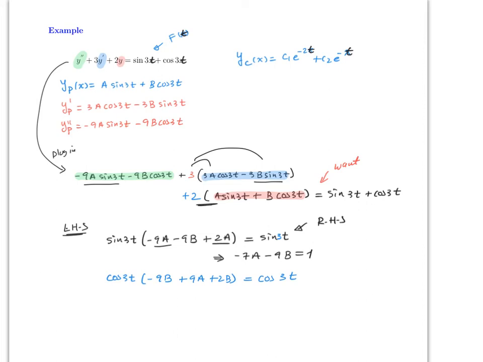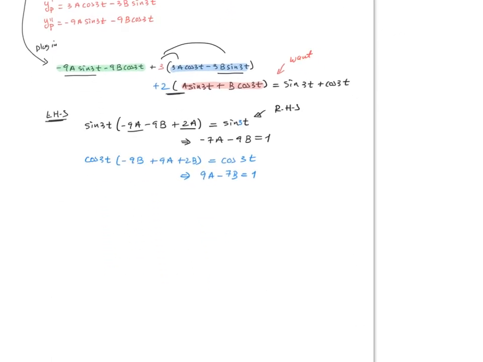Then this implies that 9a minus 7b should equal 1. So then you have this system of equations, which is minus 7a minus 9b should be equal to 1, and then 9a minus 7b should be equal to 1.